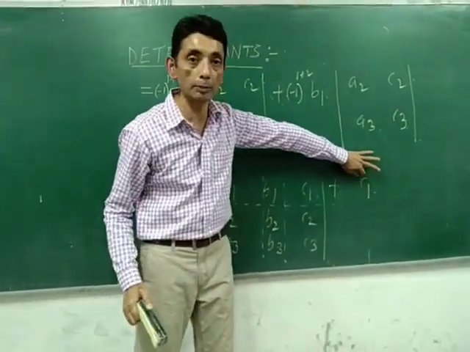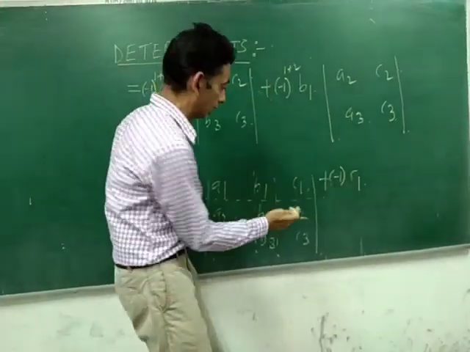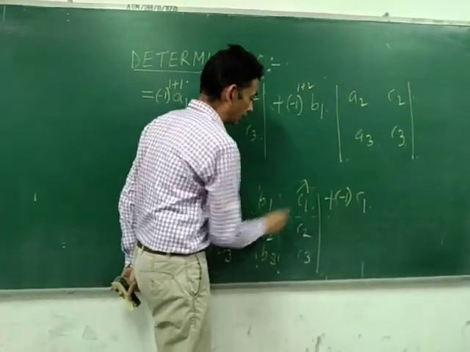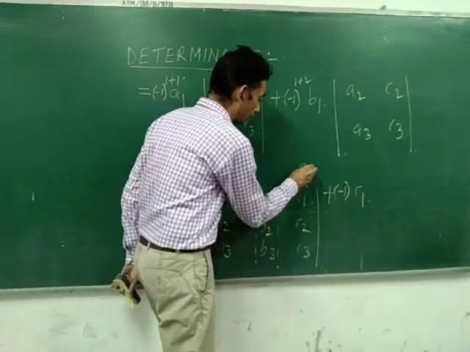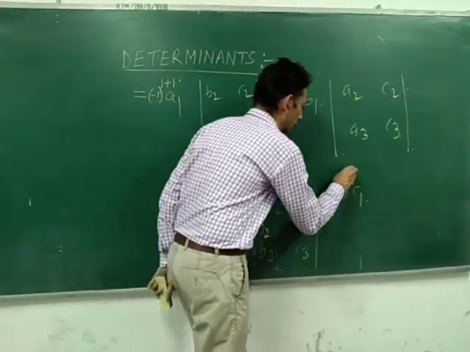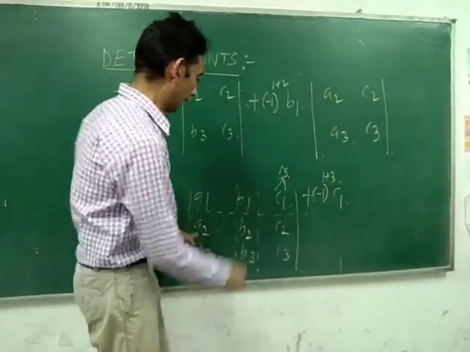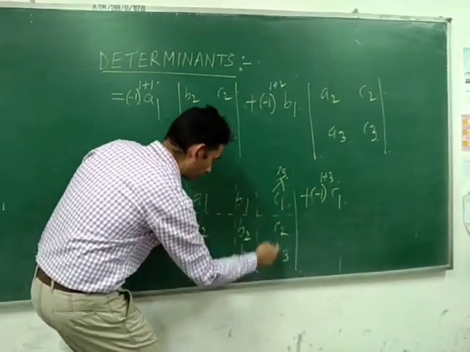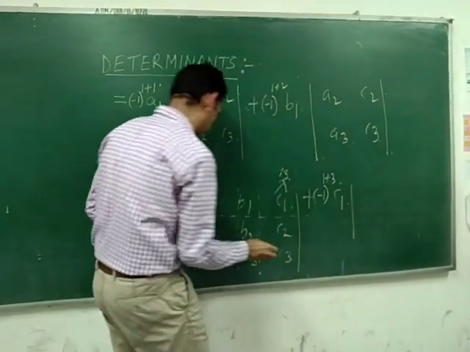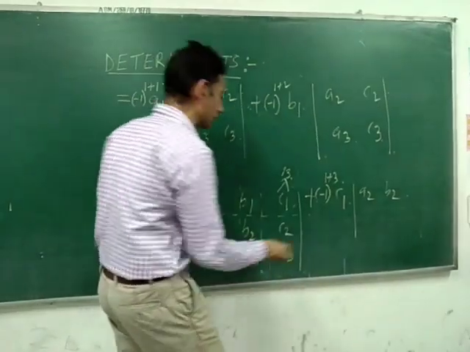Hence, c1 is to be multiplied by minus 1 to the power of the sum of the suffixes, which for this element is 1 plus 3. If you take c1, you need to ignore its column and its row. So what will be left out? You will be left with a2, b2, then a3, b3.